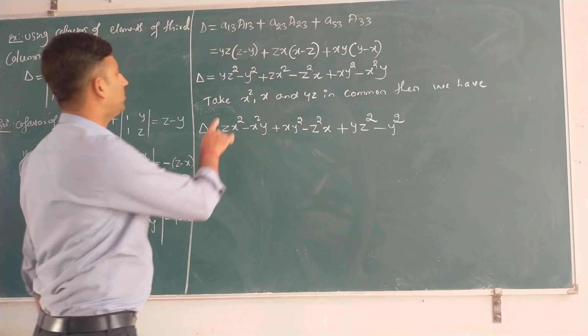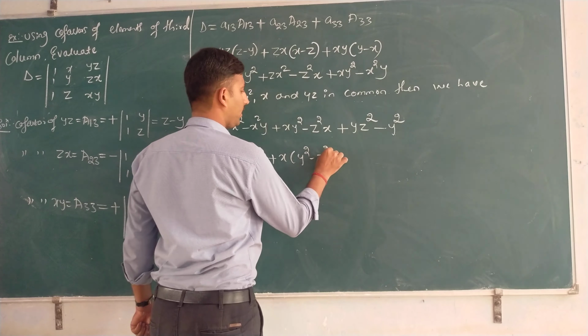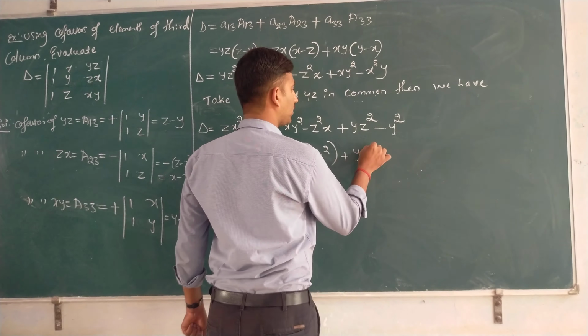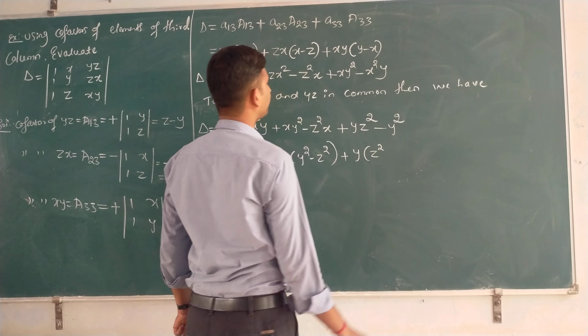Here x square you take as common, z minus y. Here x you take as common, plus x into y square minus z square, plus y you take as common, z square, y square z. Then what happens? Yz you take as common. Here there will be yz common. Then what happens? Yz square minus y, correct? Z minus y.